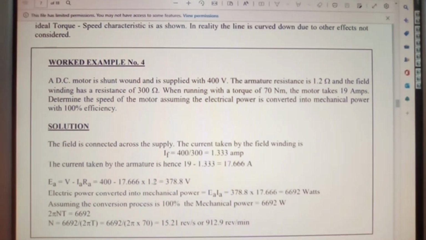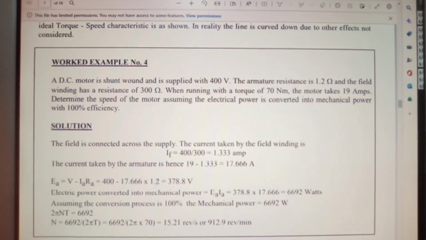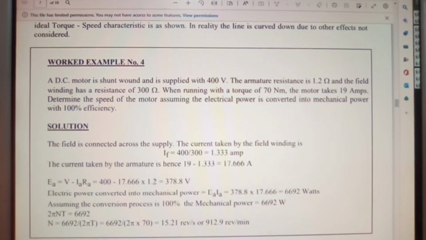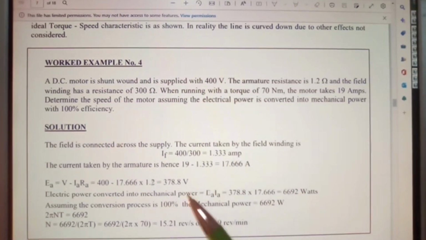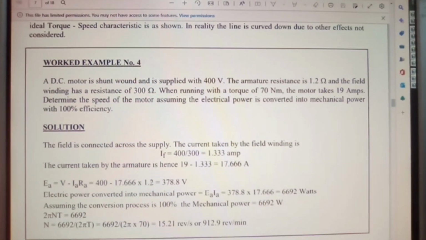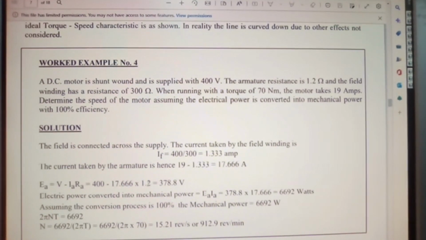That leaves you 1.33 amps. So that's the current you know is in your field windings.